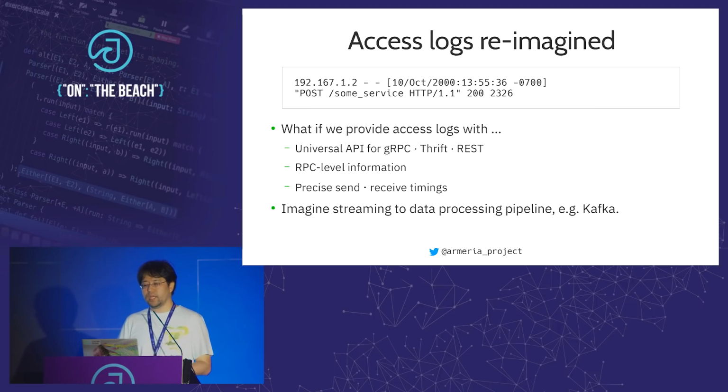What if we provide access logs with a universal API for gRPC, Thrift, and REST, and provide RPC-level information like parameter names, method names, parameter values, return values, and also precise send-receive network timings, all programmatically, not using access log files. Let's imagine you stream this information into your data processing pipeline using Kafka for further analysis or event generation, like alarming on a certain error. It would be pretty cool, right?